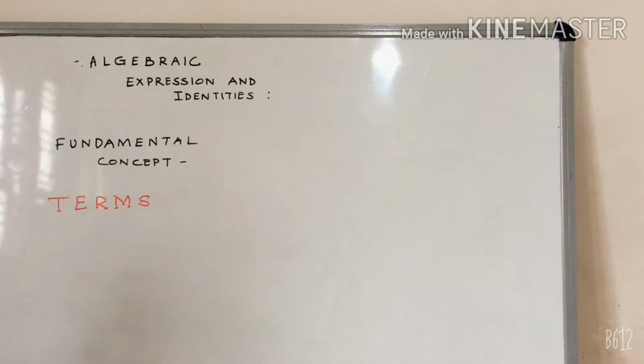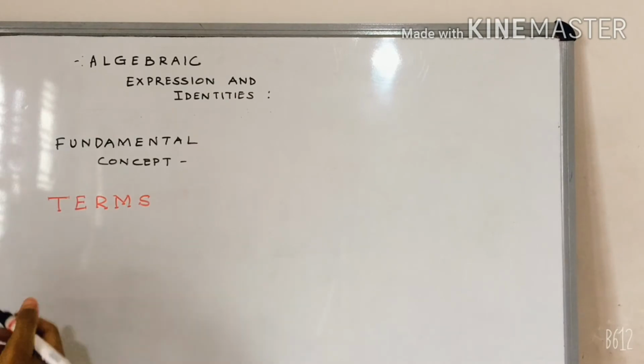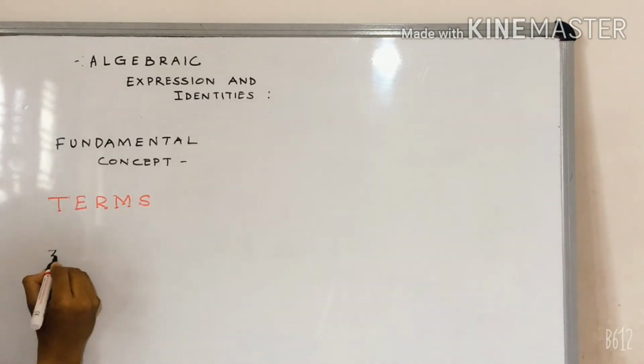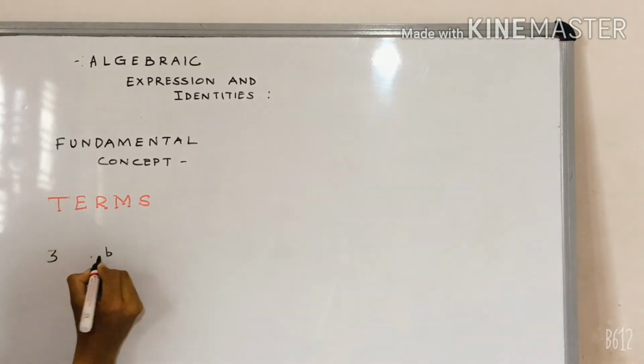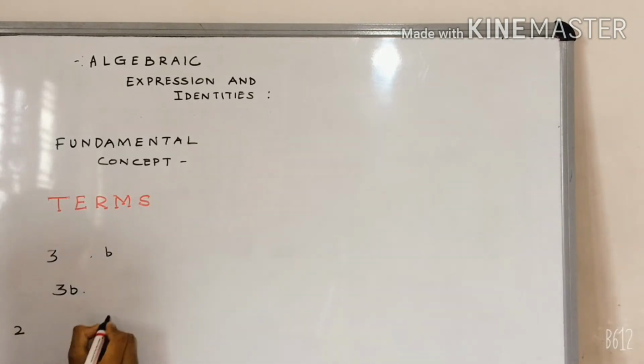So now we will learn terms. What are terms? Terms consist of a number or a variable or a combination of number and variable. 3 is a term and b is a term, but the combination 3b is also a term. 2 is a constant, y is a variable.